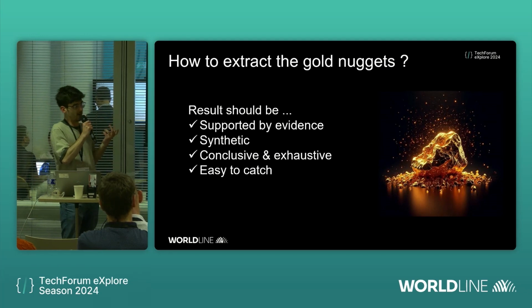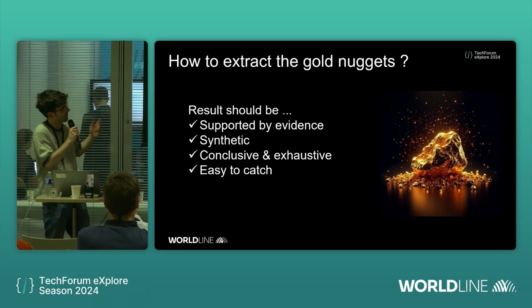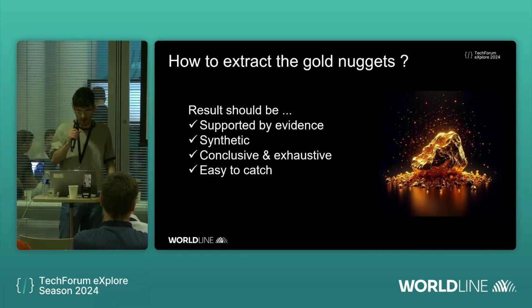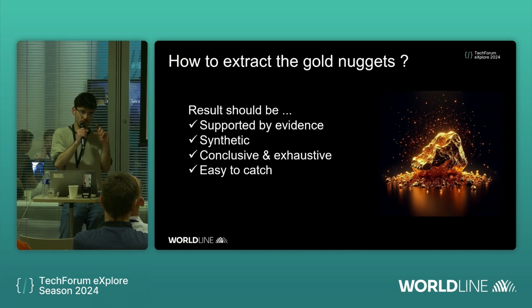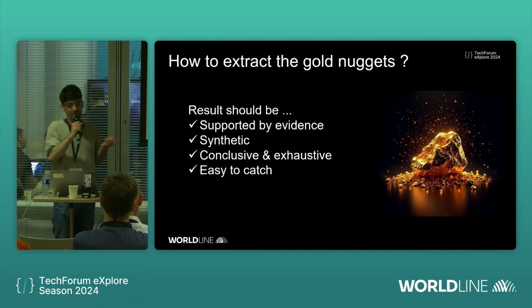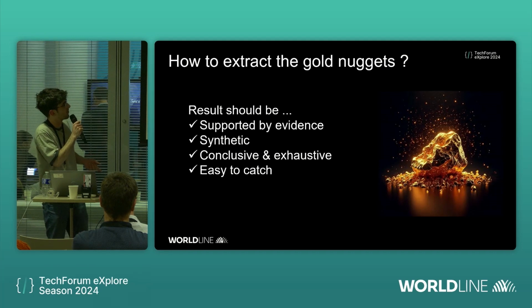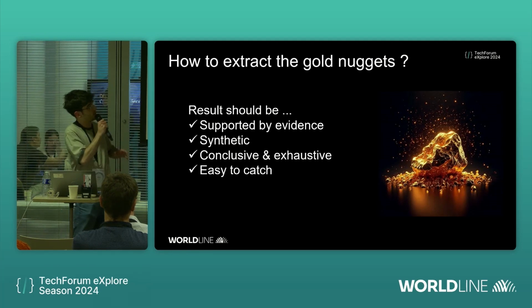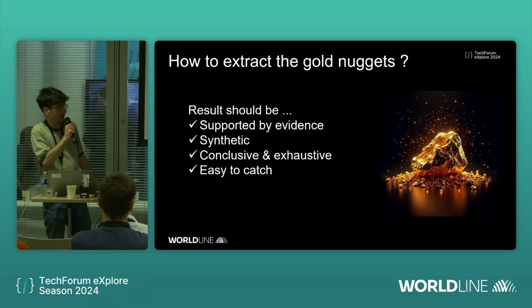And finally, they have to be conclusive and easy to reach, easy to understand, as I said earlier. You want to avoid technical jargon and confusing people. You might sound smart, but nobody will understand what you're talking about. So just keep it simple. And finally, you want to come away with a conclusion: pass or fail.